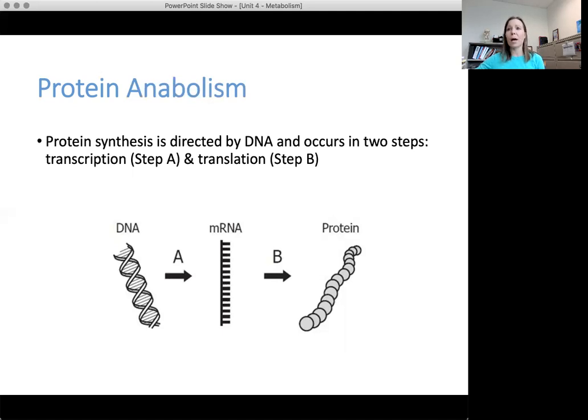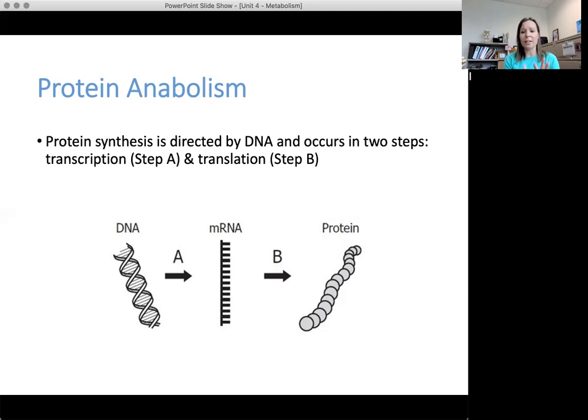It is promoted by the hormones insulin and also HGH, human growth hormone. So your body is just going to follow the instructions that are in DNA and then RNA in order to build new proteins.